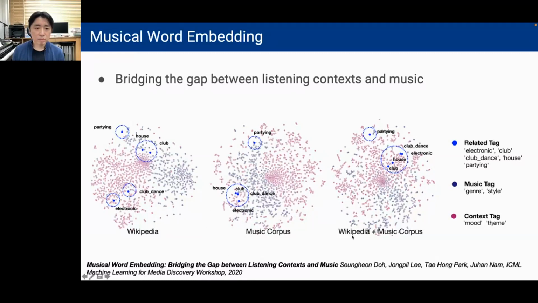But when Wikipedia and the music corpus are combined, although partying is still outside the cluster, of all the other terms it's substantially closer than in the music corpus. So this indicates that using both general and music-specific words has potential for capturing a more balanced correlation between music and the listening context.